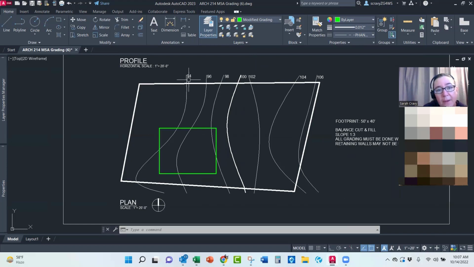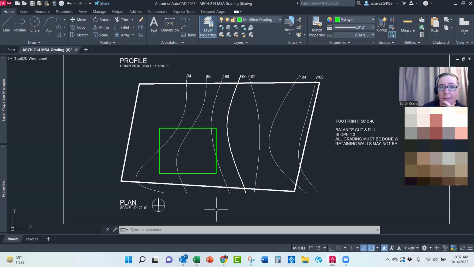We're crossing 94, 96, 98. It looks like the contour interval is every 2 feet. Given that, where would you set your finished elevation? I'd probably go like 96.5 or something. I was going to say about the same thing. What do you think, James?